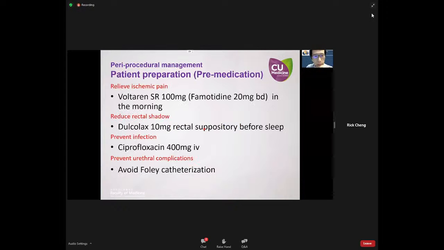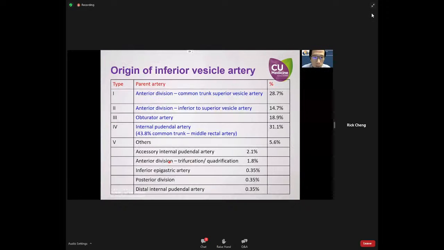Before the procedure, we prepare the patient with pre-medications such as Voltaren for pain relief, and Dulcolax to remove the rectal shadow, and prophylactic antibiotic 1 day before to prevent infection. And we avoid Foley catheterization because we want to prevent referral complications.